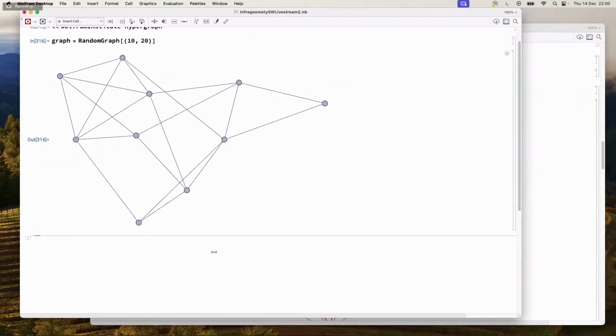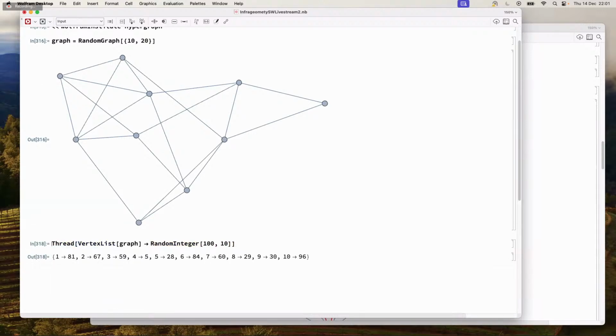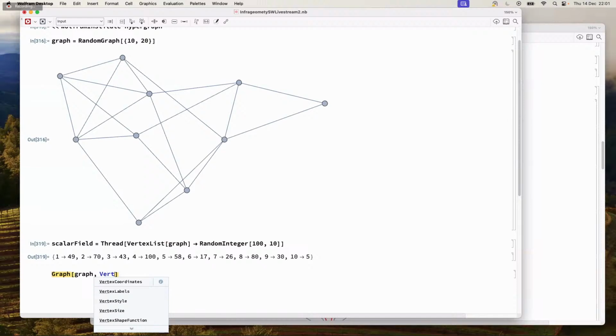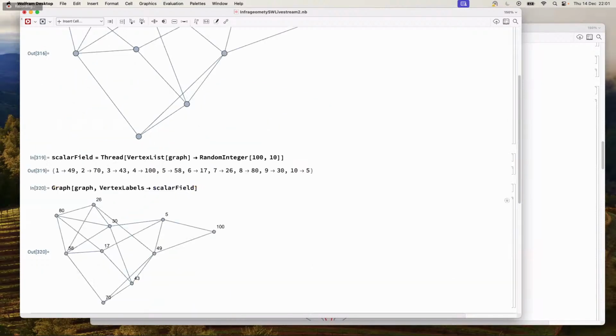And so the new idea is, okay. Let me contextualize this by talking about the question we were initially trying to answer. If you take this graph, let's assign a scalar field to it. So I say graph, vertex labels, scalar field.